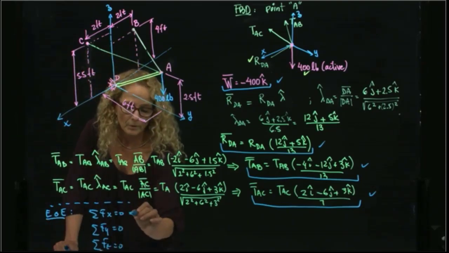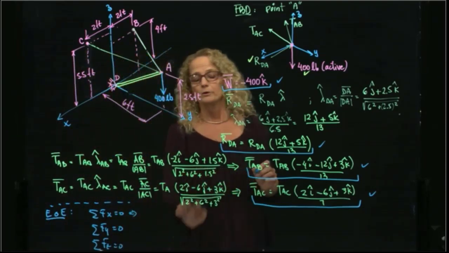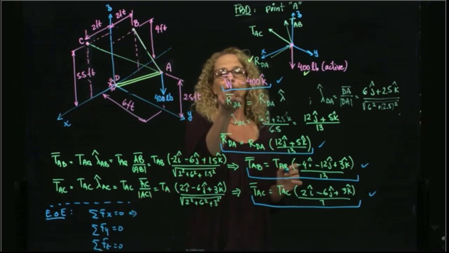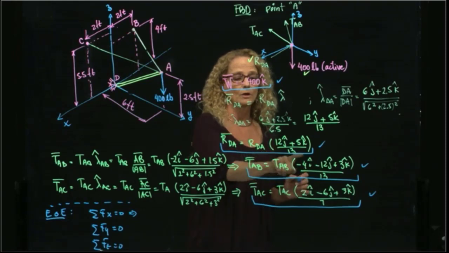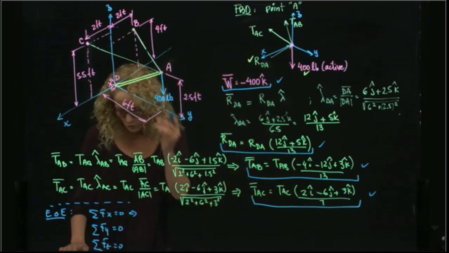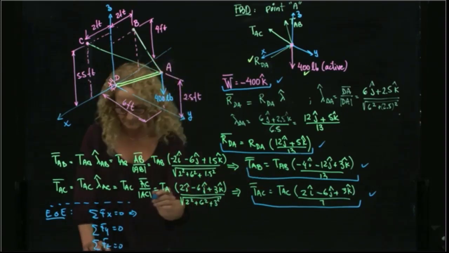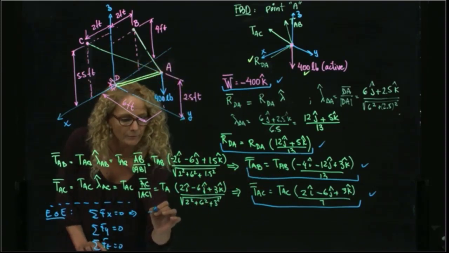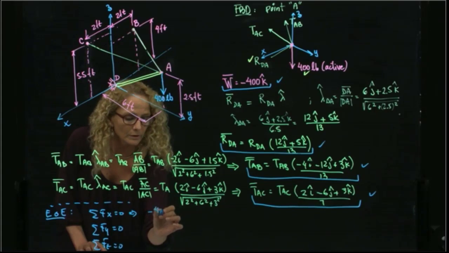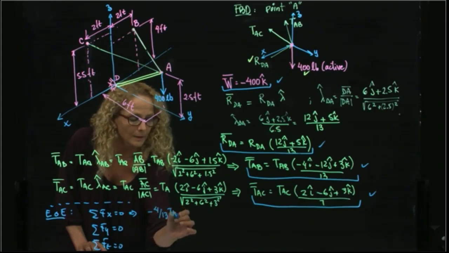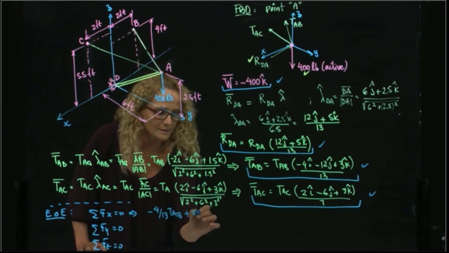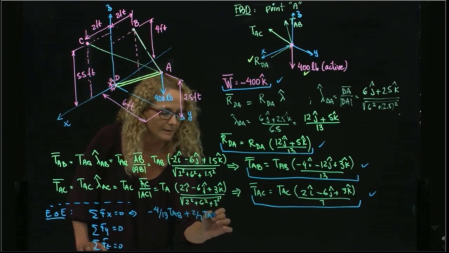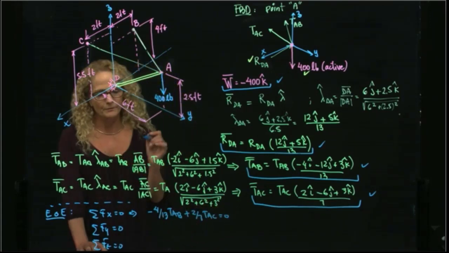So what forces have components in X? This one doesn't have any component in X, this one doesn't have any components in X, so only this one and this one have components in X. So my first equation will be negative 4 over 13 TAB plus 2 over 7 TAC equals 0. That's my first equation.